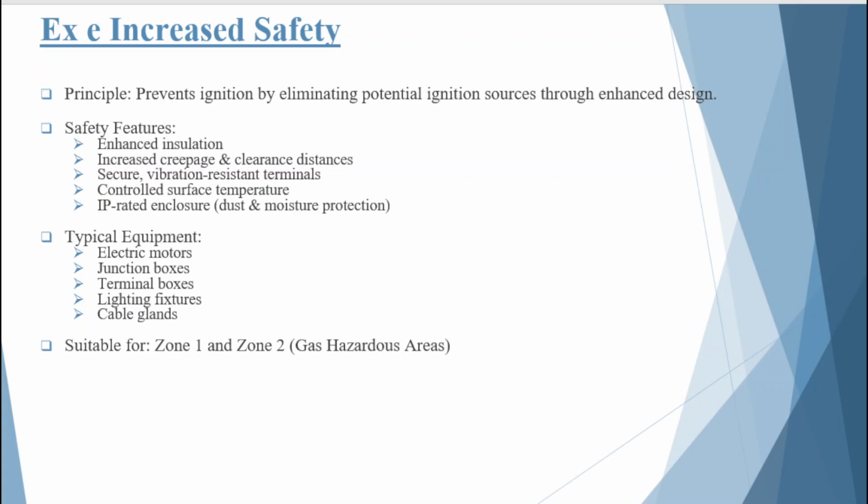To summarize, XD allows an internal explosion but safely contains it, whereas XE is designed so that an internal explosion is not expected to occur at all. This is the fundamental difference between these two protection techniques.